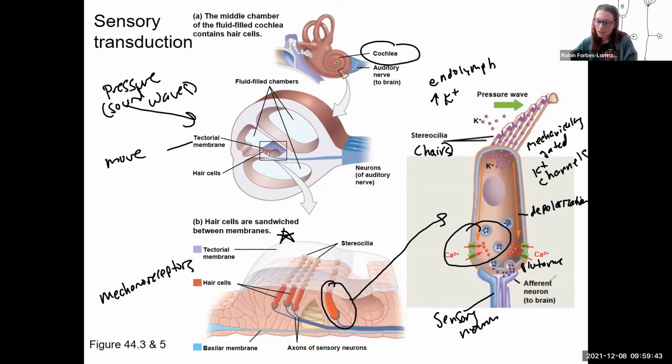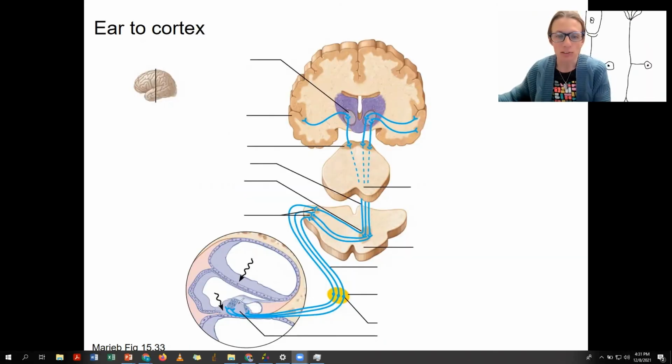Okay, so now this is our sensory neuron. We need to get that to the brain. So like I said, we've got to get our transduced signal from where it was transduced in the hair cells of the cochlea, carried via the sensory neuron axons.